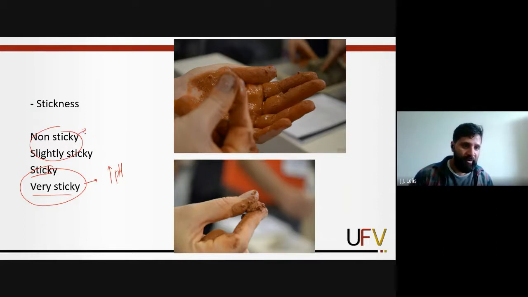Because even in wet conditions, the soil is not so heavy because it's not so sticky, so you can use some tools that help a lot with the management of the soil.